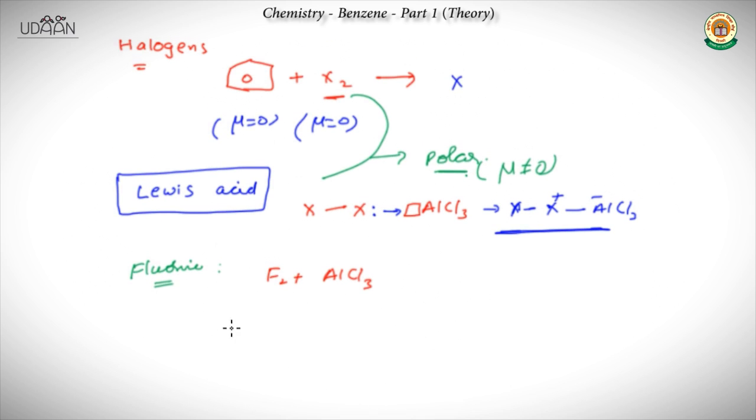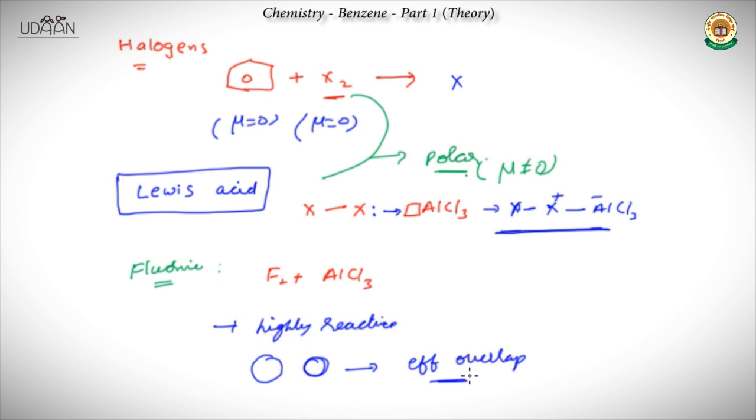Fluorine is highly reactive because we all know that carbon is a small atom and fluorine is also a small atom. So overlap is effective. As a result, a strong bond is formed, and it is highly exothermic. Though it requires activation energy, it is highly exothermic.